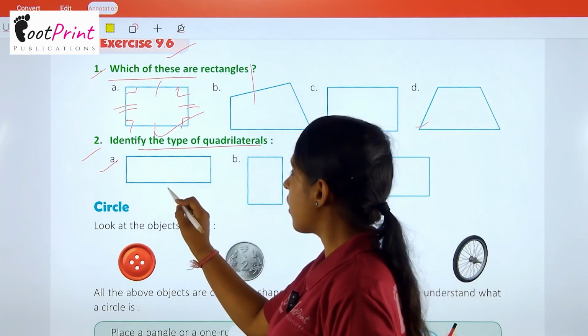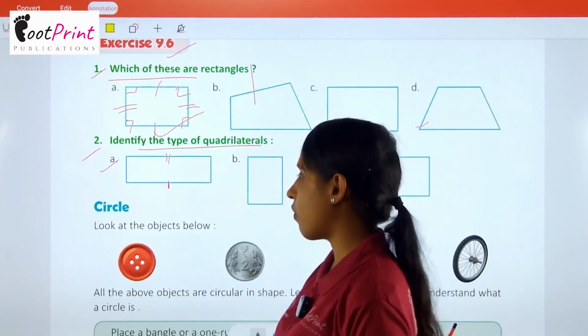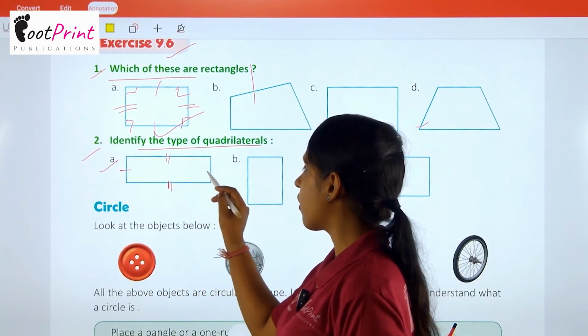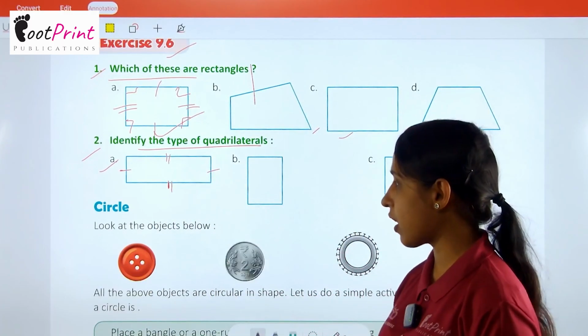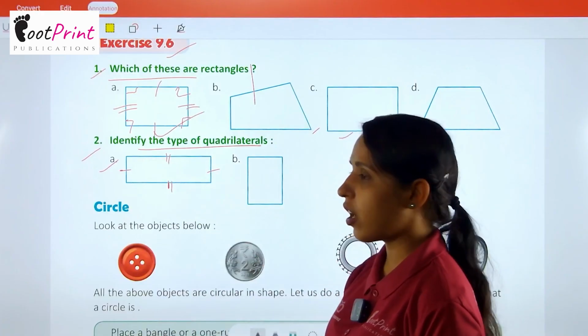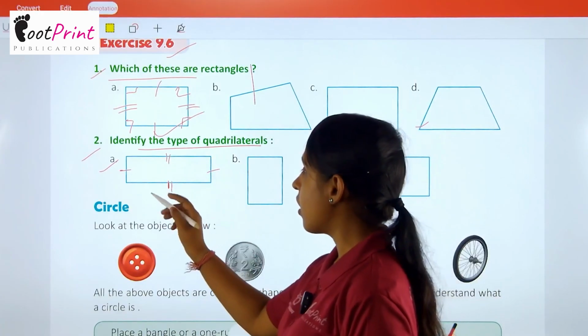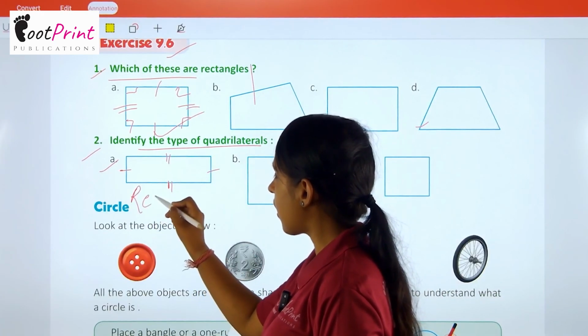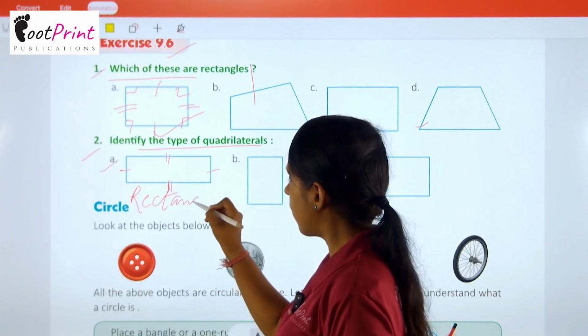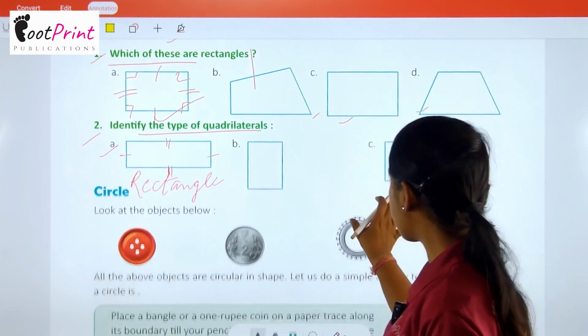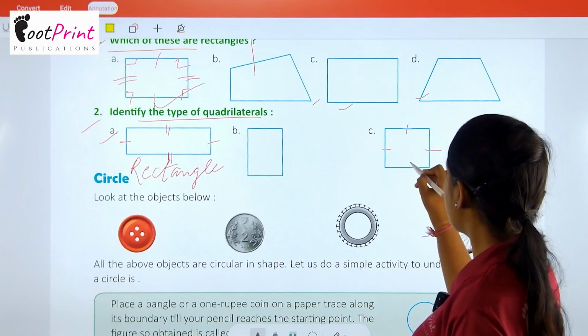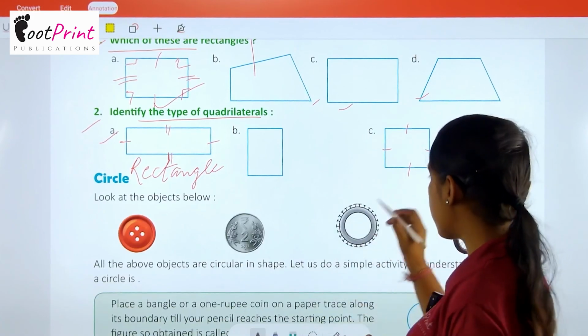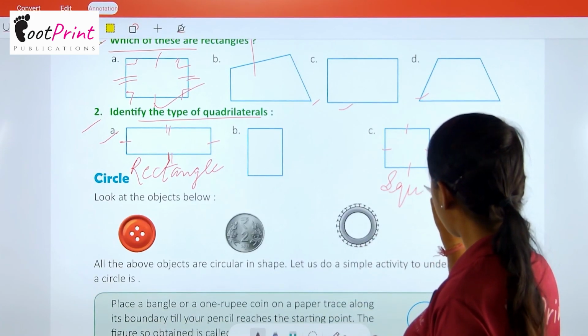Here this side is equal to this one and this side is equal to this one, meaning opposite sides are equal, so it is a rectangle. Similarly, here we can observe all the sides are equal. It means it is a square.